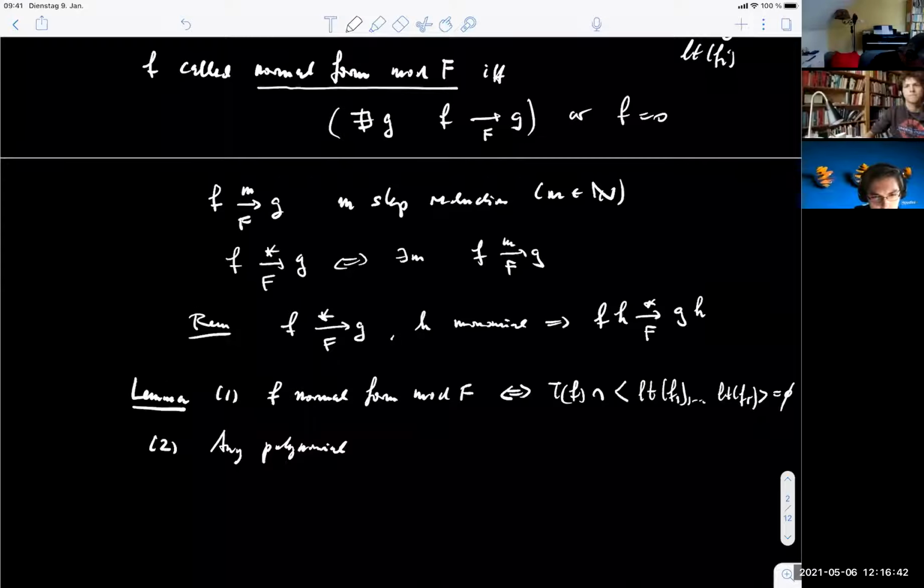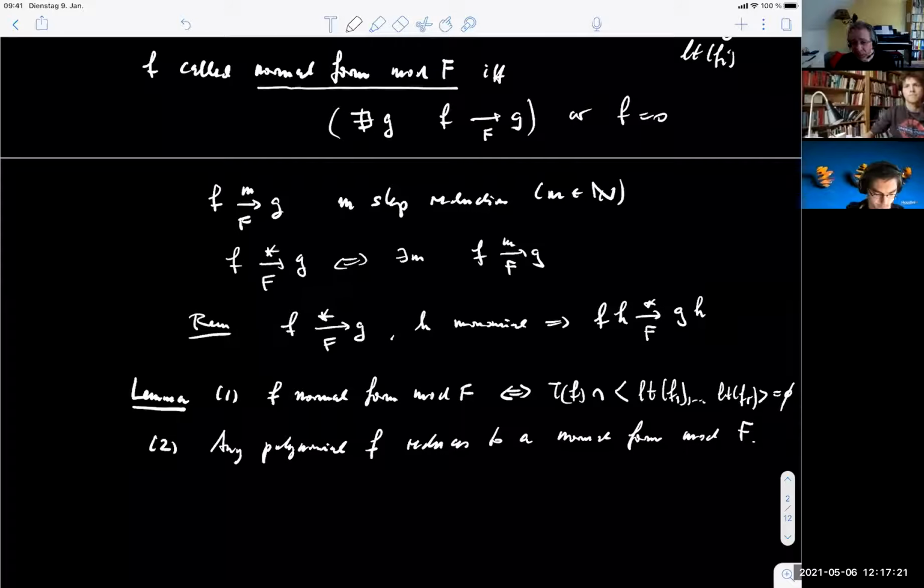Next statement: any polynomial f reduces to a normal form mod capital F. And here we know the proof already, because we take f, we try to reduce, etc. Until we hope at some moment it will stop, so we end up with a normal form. The only situation when this could not happen is if we would have an infinite chain of reductions.